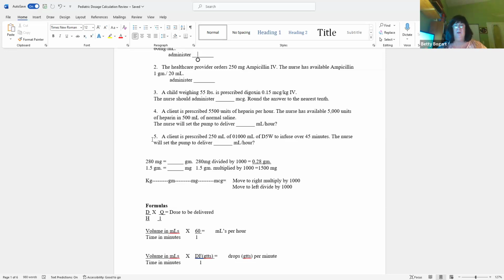So you'll see this down here: kilograms to grams to milligrams to micrograms. That is the way we line up how we're going to either multiply or divide what you have. So that question, 280 milligrams equals how many grams? Well, the milligram is to the right of grams.